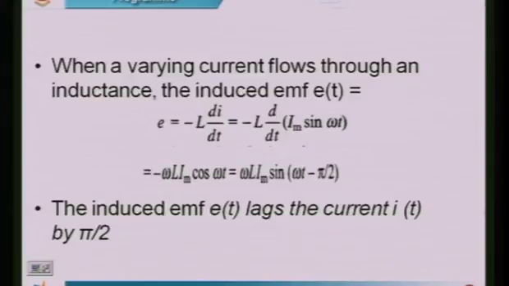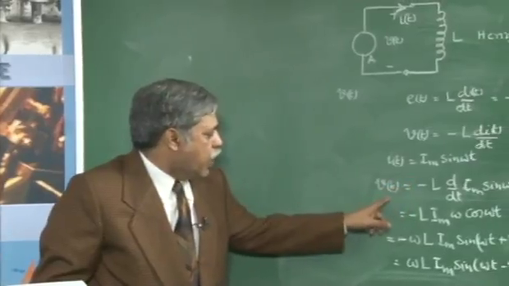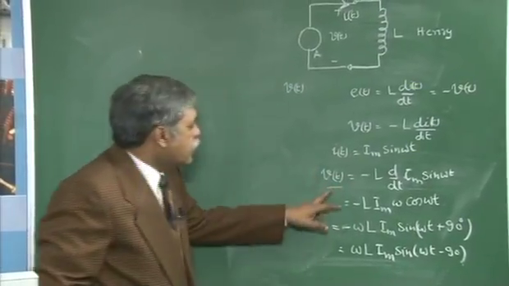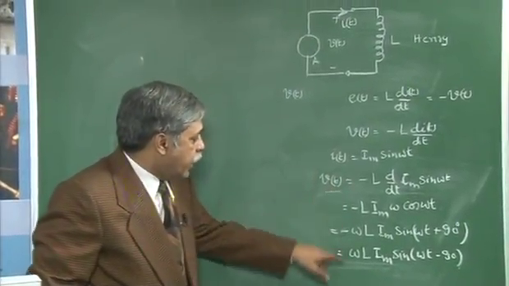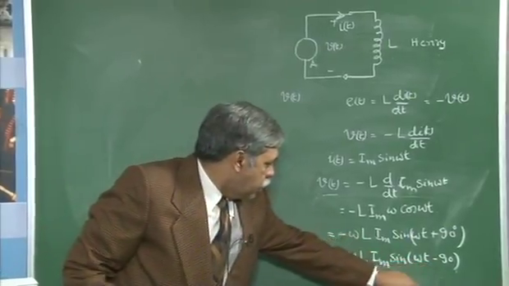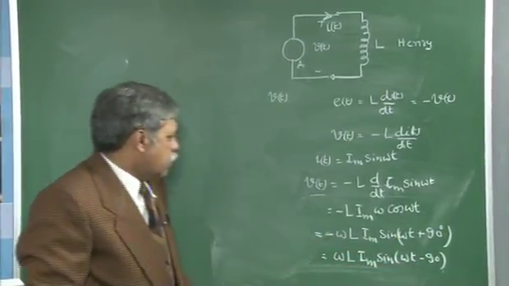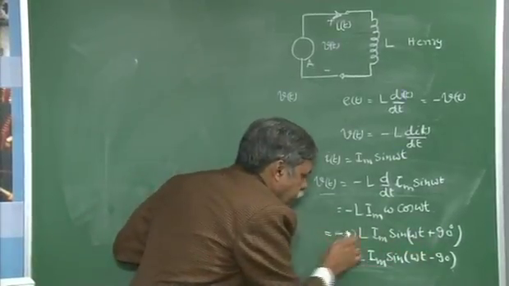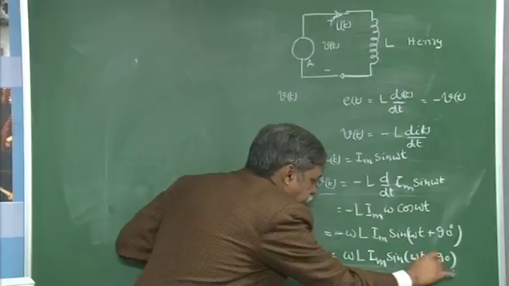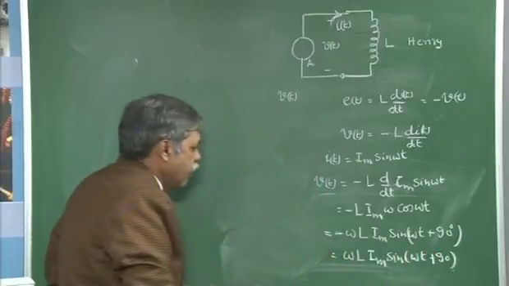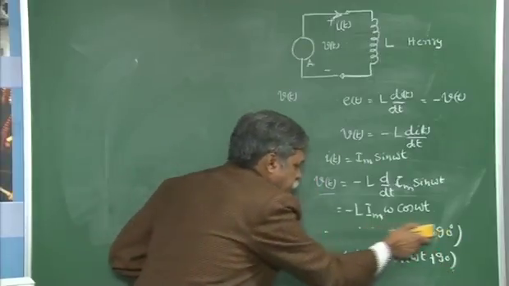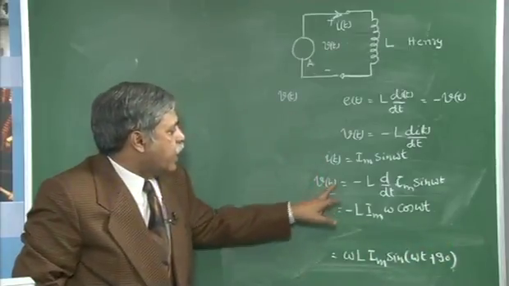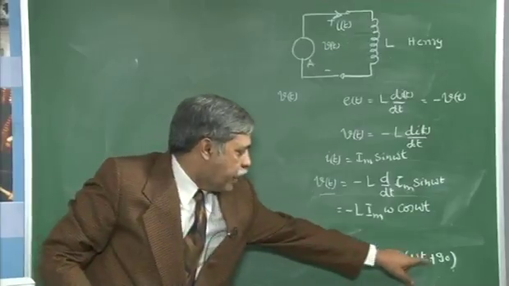So this says the terminal voltage, V of t, the voltage applied to the inductor. I just made a mistake here, I will write it as plus 90 degrees, or I will erase this second equation. So this says that the voltage across the inductor leads the current by 90 degrees.